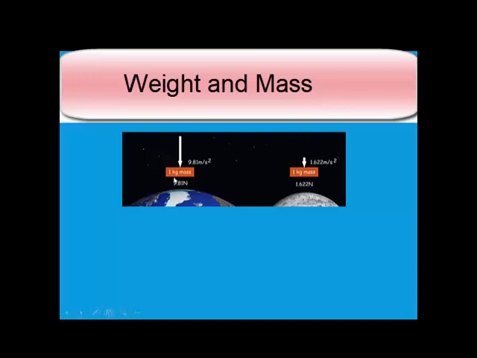Now, when you take it to the moon, it is going to be 1/6, so you have to divide 9.81 by 6. You will get 1.62, which means here the acceleration due to gravity is 9.8, and here the acceleration due to gravity of the moon is 1.62.